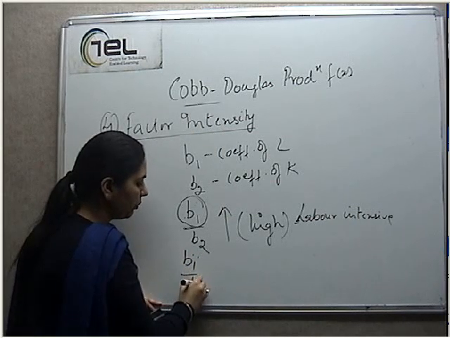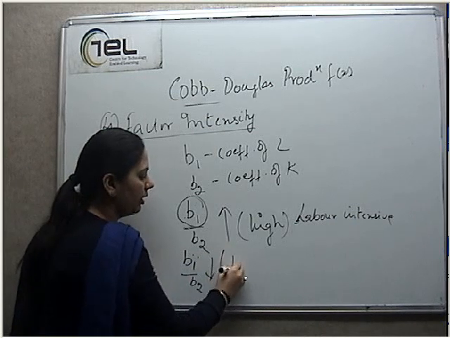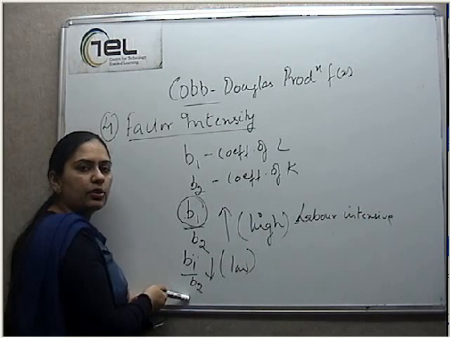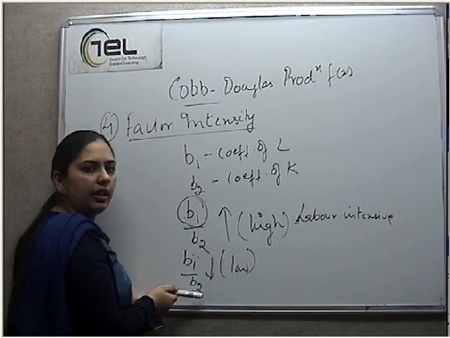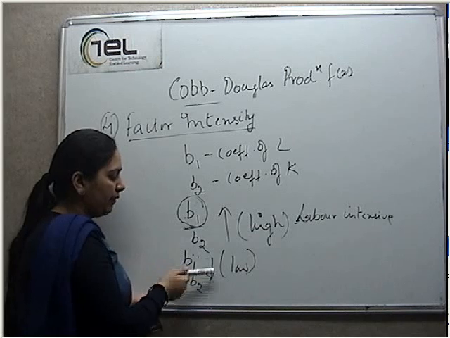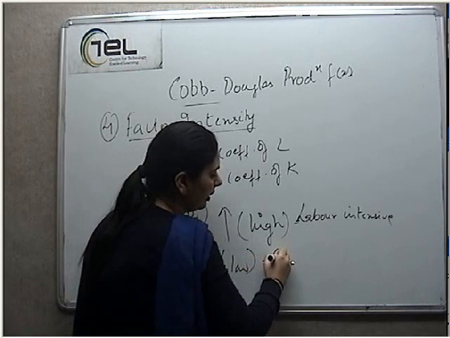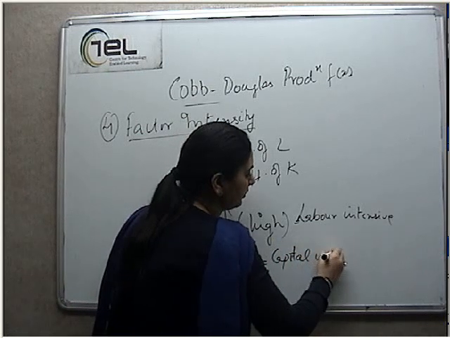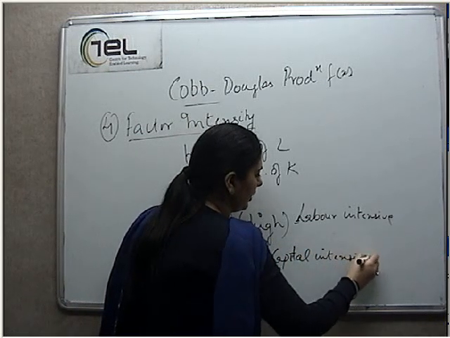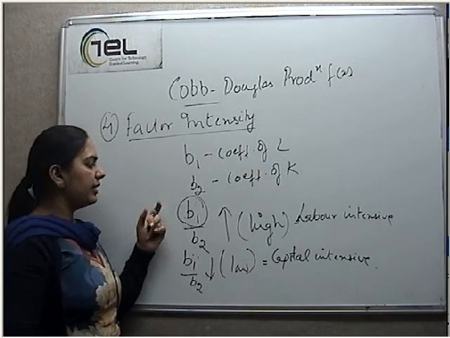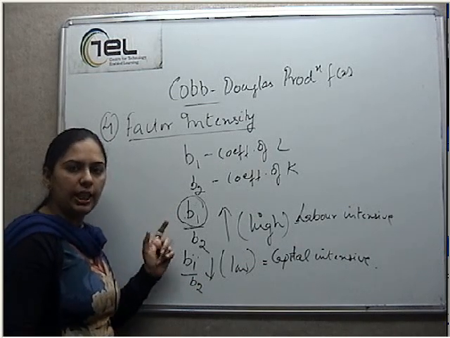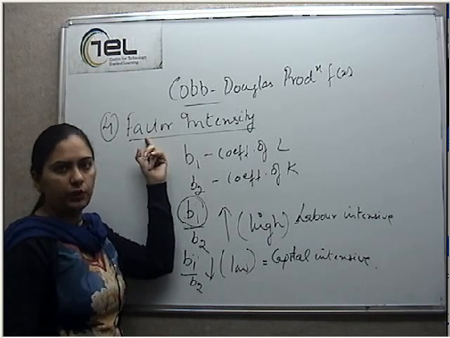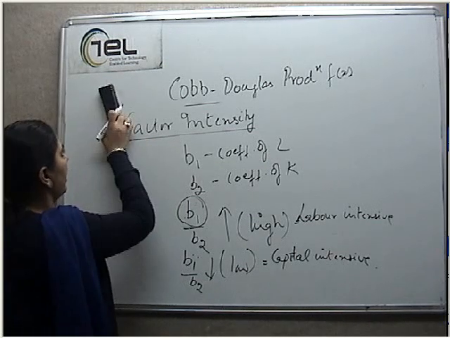That means if B1 by B2 is low, that automatically means the coefficient of capital B2 is higher than the coefficient of labor. And when the coefficient of capital is higher, the production taking place is more capital intensive. So it is the ratio of B1 by B2 which helps us decide the factor intensity of the production we have done. This was our fourth property.